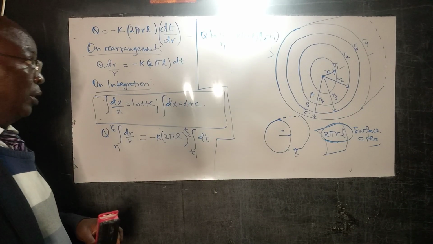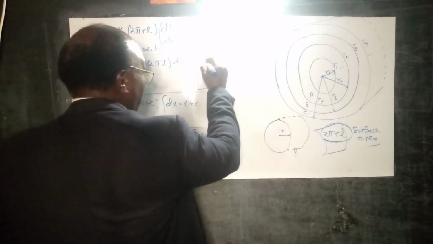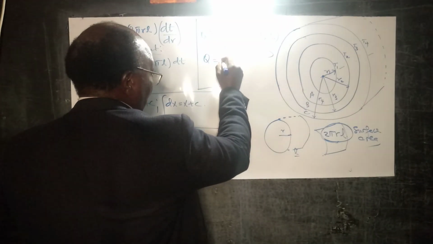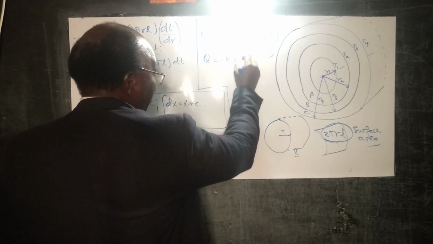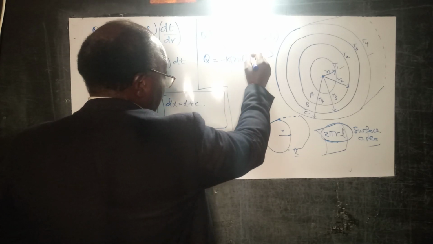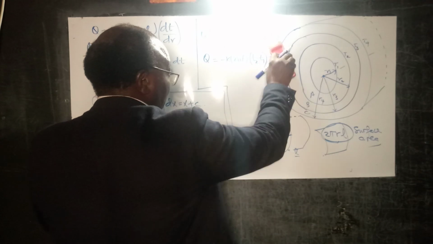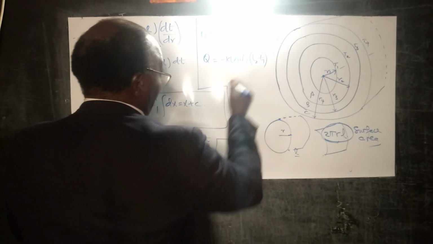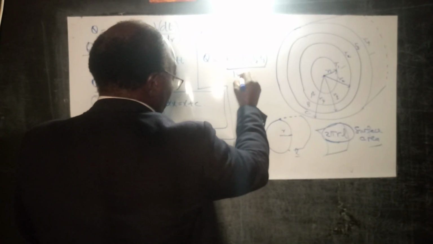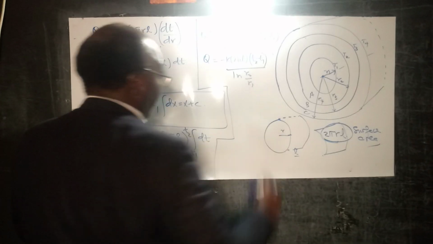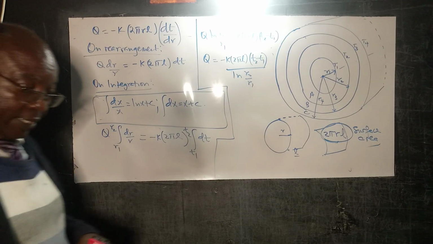So if we solve for Q, then Q is equal to minus K 2 pi L, T2 minus T1, over natural log of R2 over R1.